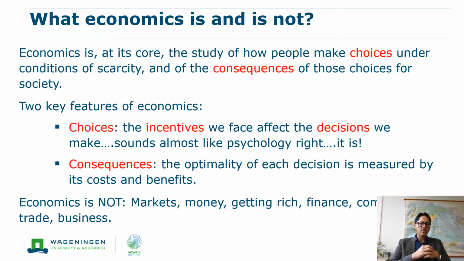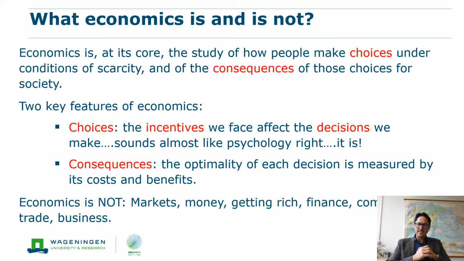Now, this is my definition, a very recent one. Economics is, at its core, the study of how people make choices under conditions of scarcity and the consequences of those choices for society. I like to focus this definition on choices because I think we tend to frequently say, well, this happened just because.